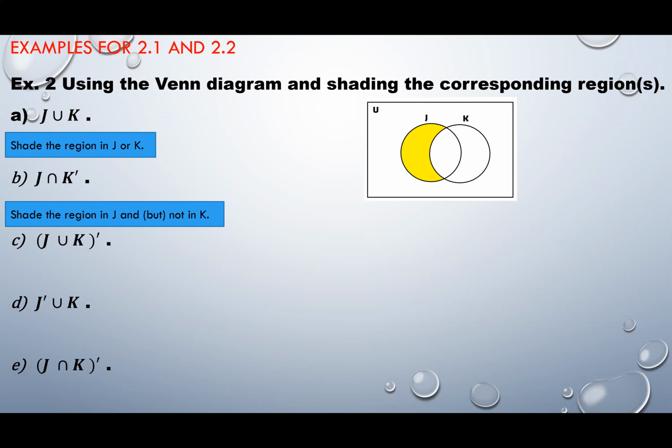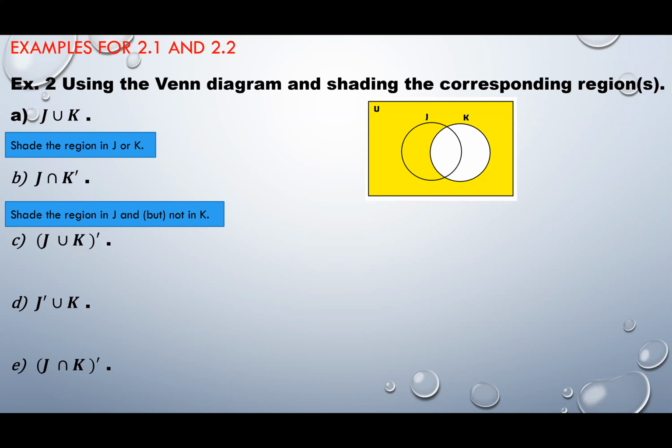Because of the intersection, it is very restrictive, it has to be in both settings. It has to be in J and also not in K. Looking at this, do you agree that this is not in K? But we cannot include this region because this region is not in J.